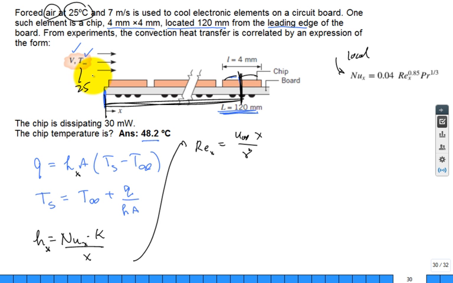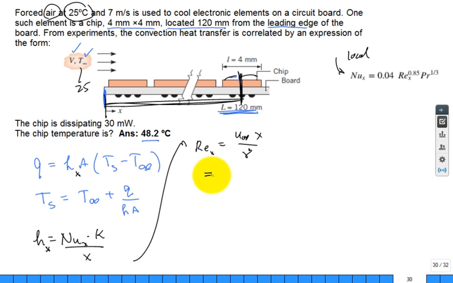Our table has them in Kelvin. That's around 300 Kelvin. How hot do you think the chip temperature is? This is one of those: guess the final temperature, evaluate the properties using the film temperature, make the calculation, and then see if it was close. You may have to iterate. But let's say that we want to guess that it's about what? A little over 300? No, it looks like I ran with 300.